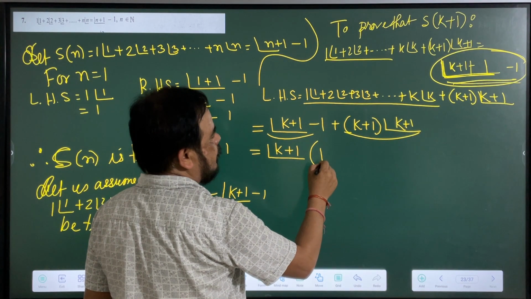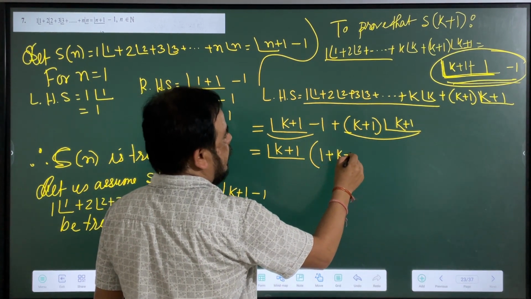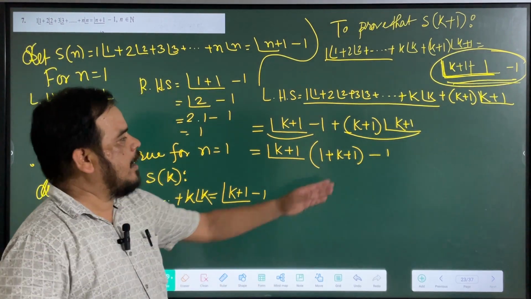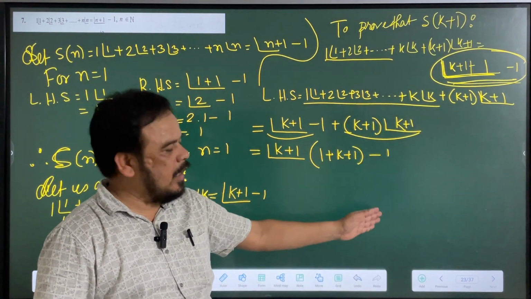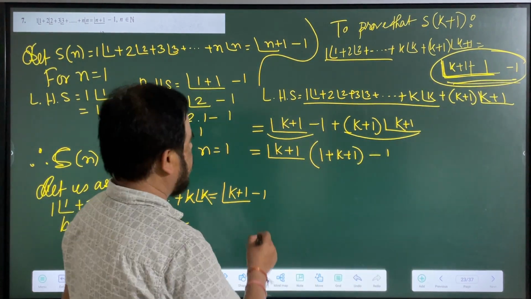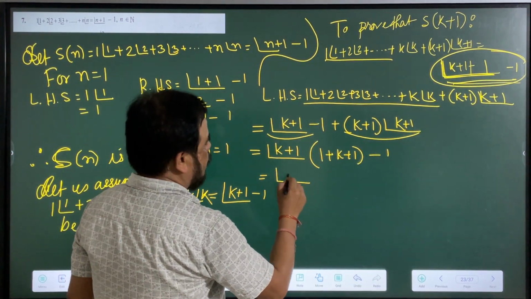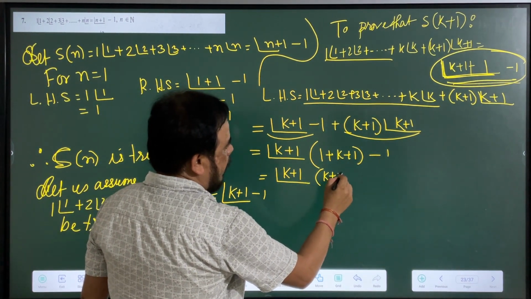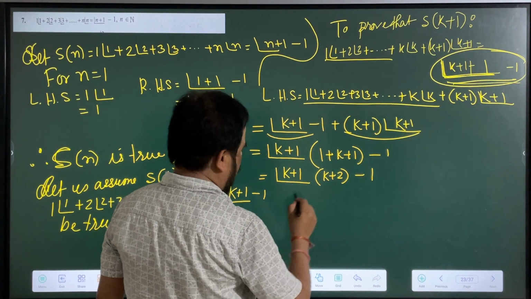Here 1 will be left. Here k plus 1 will be left, separately minus 1. Minus 1 we will keep as it is till last, because there is minus 1 separately. Now factorial k plus 1 into k plus 2 minus 1.